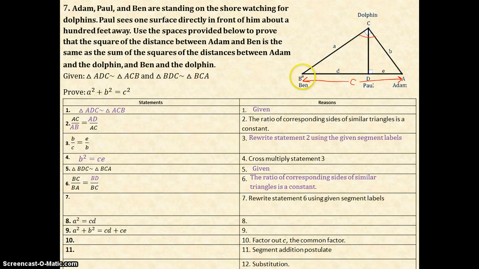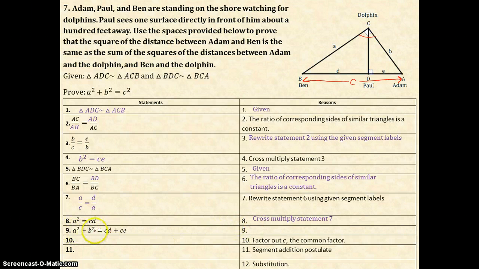BA is c. And then BD is d. So I just need to substitute those in. So a over c equals d over a. Now, statement 8. How in the world did I possibly get a squared equals cd? Oh wait, maybe I cross multiplied statement 7.